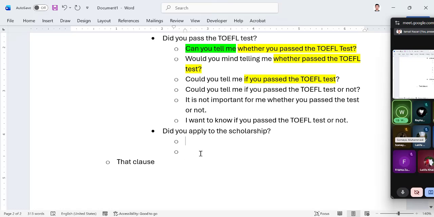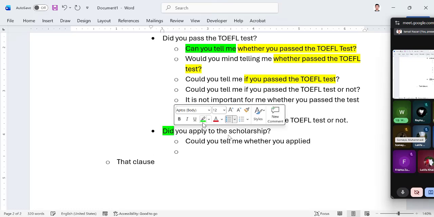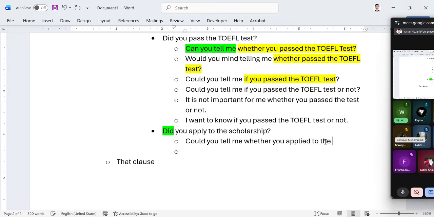And the noun clause: could you tell me whether you applied for the scholarship? Excellent. We have to use the past form because we have did here. This did shows that it is past tense. You applied for the scholarship.